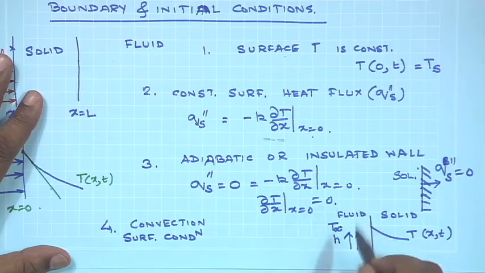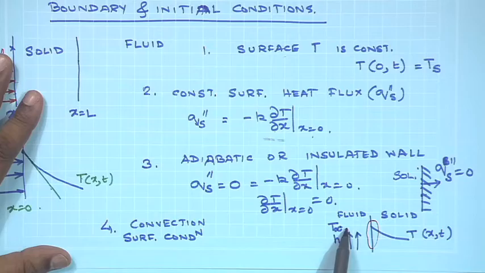So, if we take this as my control surface and let us say that T infinity is more than T, the solid is exposed to a hot environment. So, heat is going to move in this direction from the fluid to the interface by convection, from the interface to the inside of the solid by a conduction process, and at the interface the convection must be equal to the conduction.